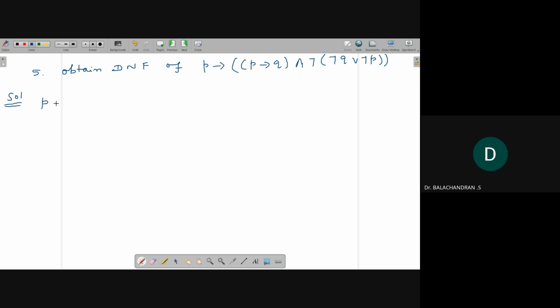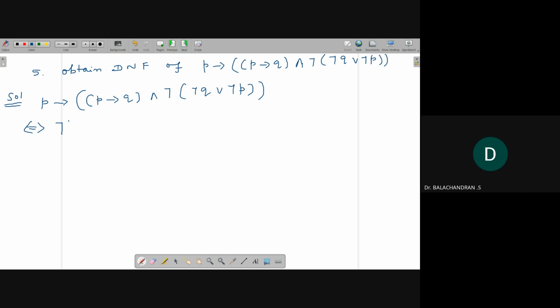P implies Q and negation Q or negation P, close the bracket, which is equivalent to, so first P implies Q, everything is Q.